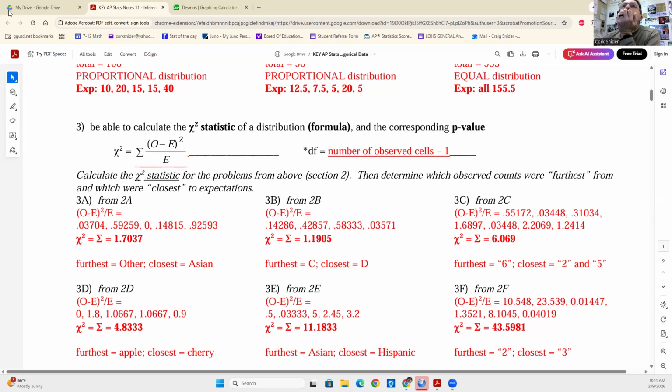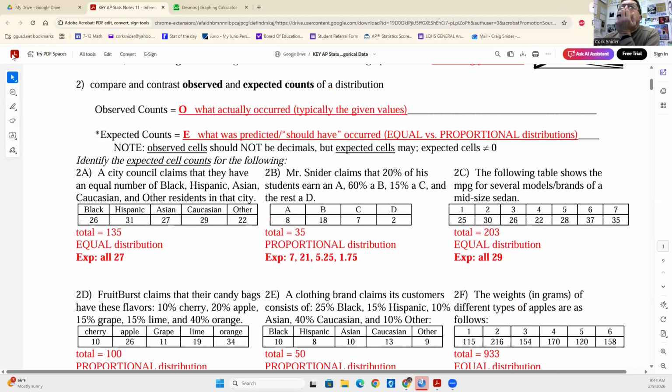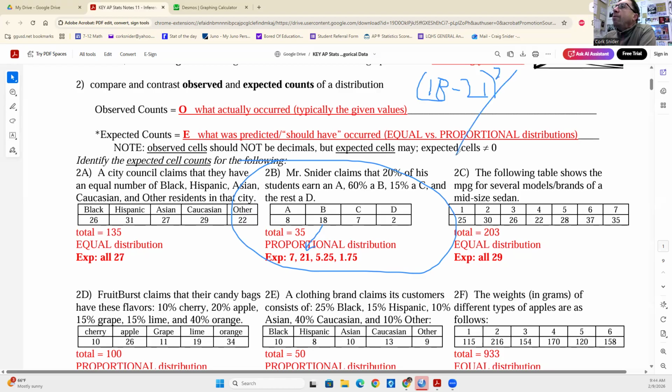All right, so let's go back up here. I'll do the second one. I'm going to go 18 minus 21, so I'll write it up here. O minus E squared divided by E: 18 minus 21 squared divided by 21.